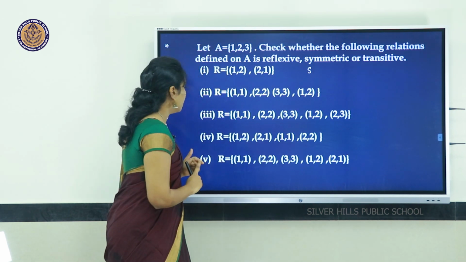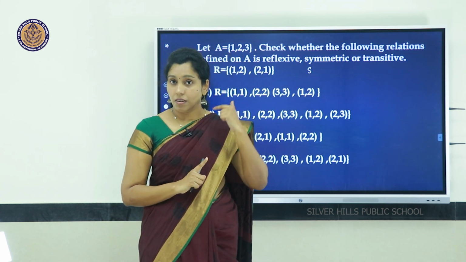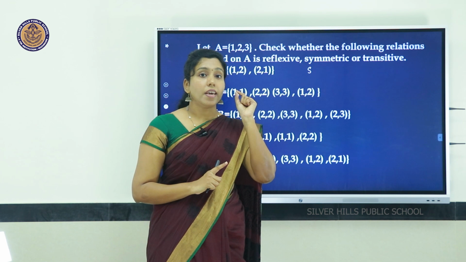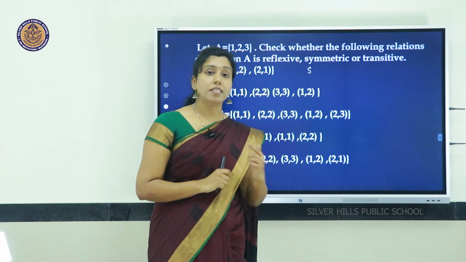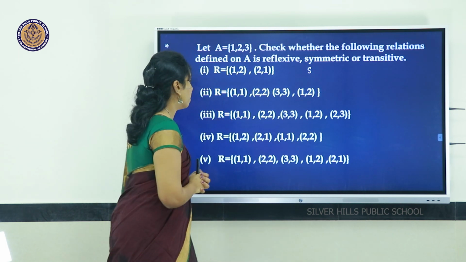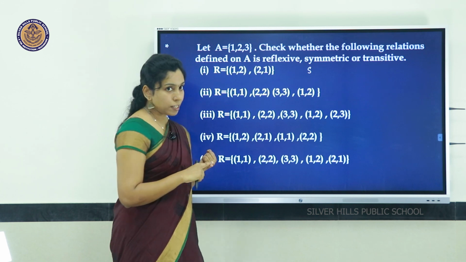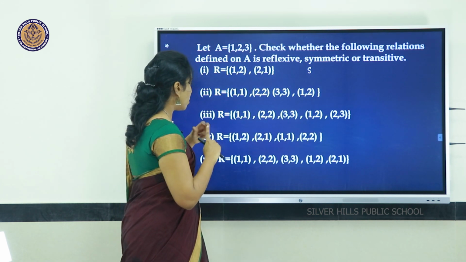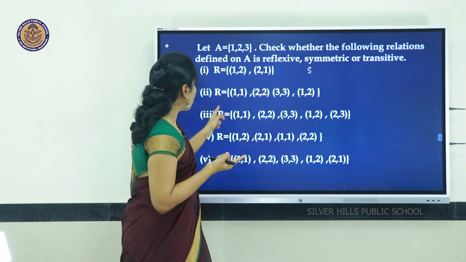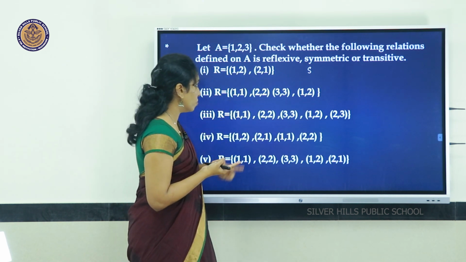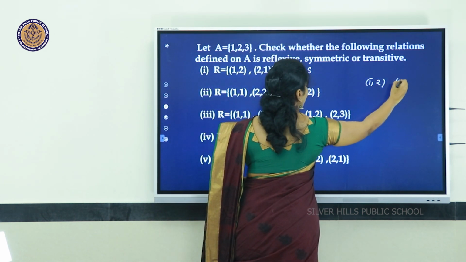And what is the third one? The third one is transitive. Remember the definition: if (a, b) and (b, c) are present, then (a, c) will be there in the relation. So, I will select (1, 2). My a is 1, b is 2. So, naturally I will go for a pair that starts with 2. Here in this relation it is (2, 2), isn't it? So, I have (1, 2) and I have (2, 2).